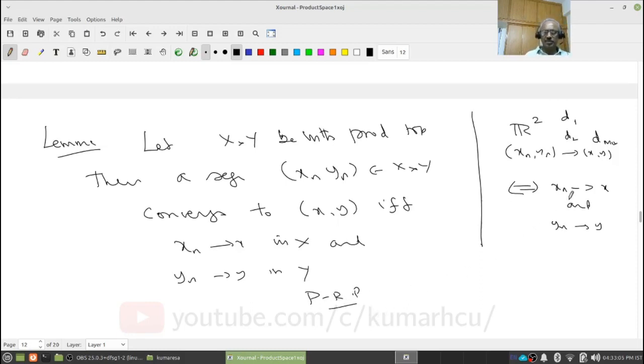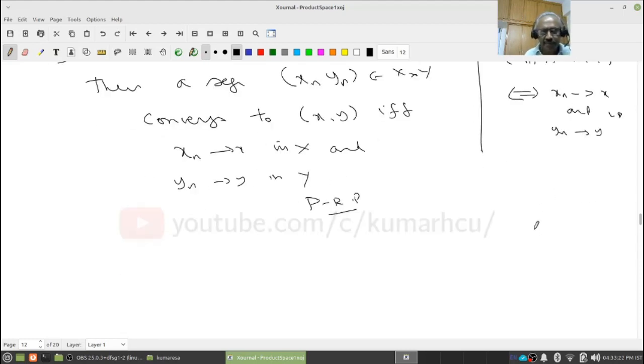There I simply said, because xn and yn are all real numbers, that it is in R, but what matters is that the first coordinate converges to the first coordinate of the limit in the first space, and the second coordinate converges to the second coordinate of the limit in the second space, the second factor. Okay, right. Is that statement clear?